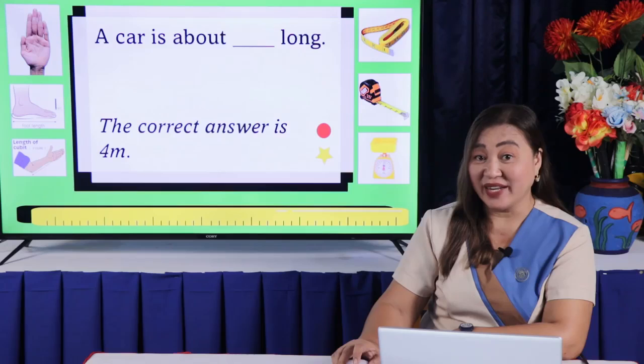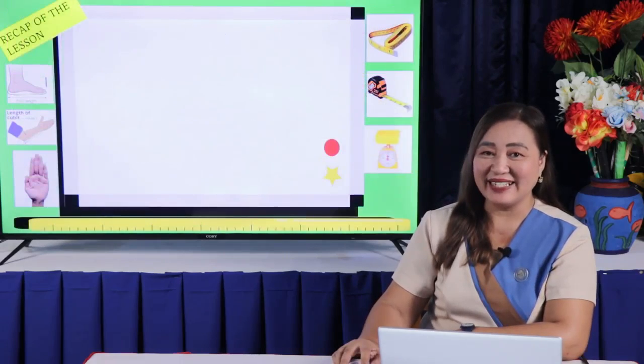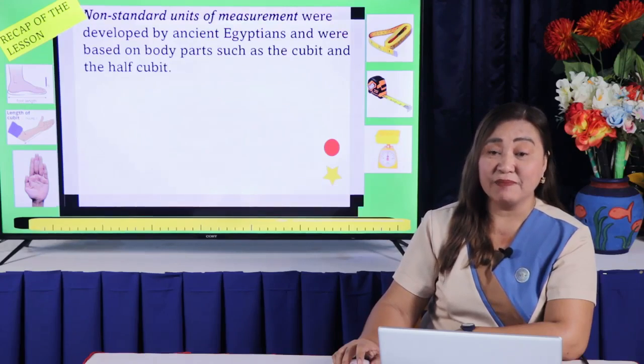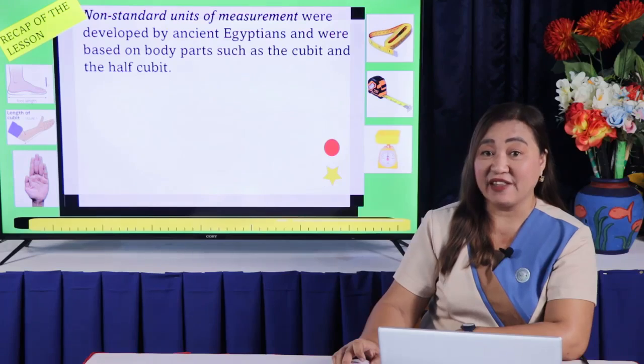Did you get all the correct answers, students? Good job. Before we end, let us recall how the units of measurements were invented and evolved. Non-standard units of measurements were developed by ancient Egyptians and were based on body parts such as the cubit and the half cubit.